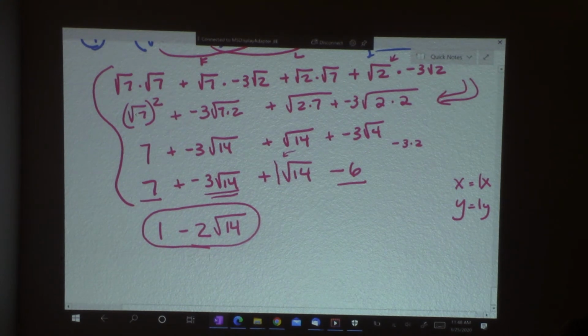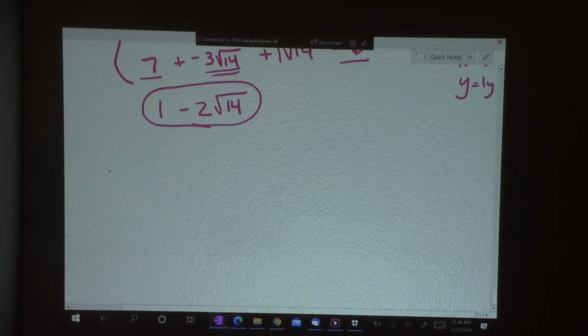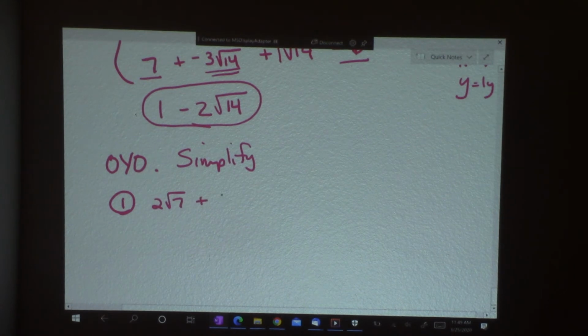All right. I'm going to give you some OIOs right now. One of them on adding. Let's see if I can find that. Number 1, so we're going to simplify, which is just a big general word for add, subtract, or multiply. 2 square roots of 7 plus 3 square roots of 63.